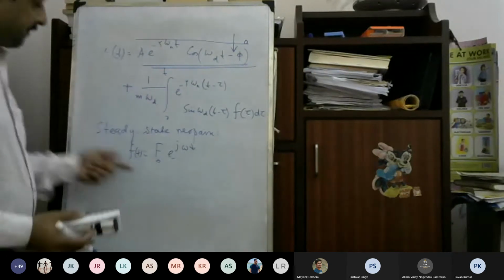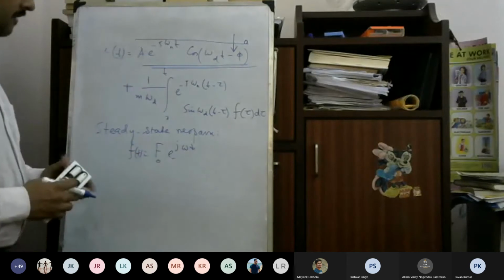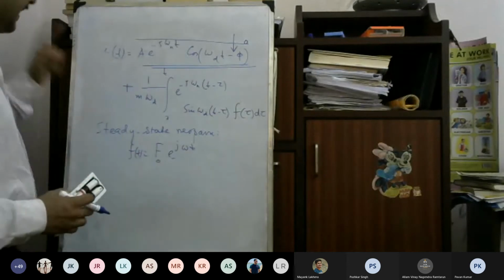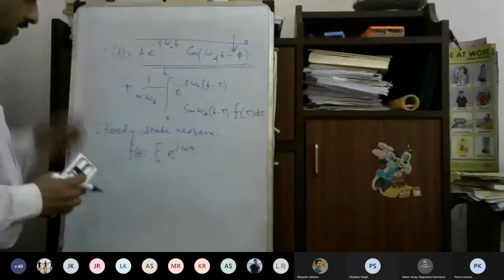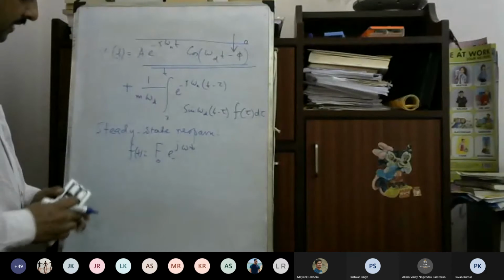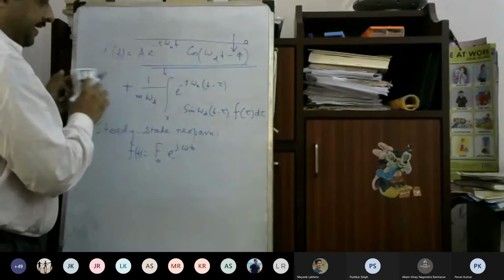So supposing we have f(t) equal to f naught e to the power j omega t, what will be the response?